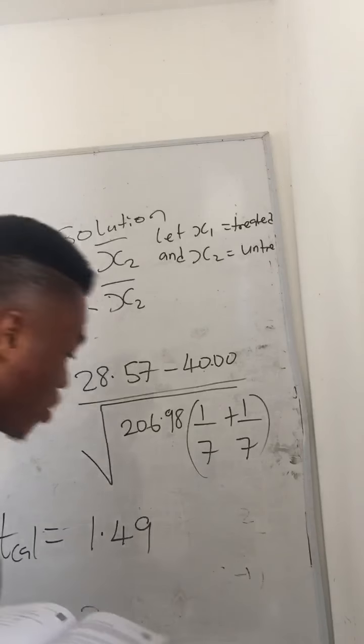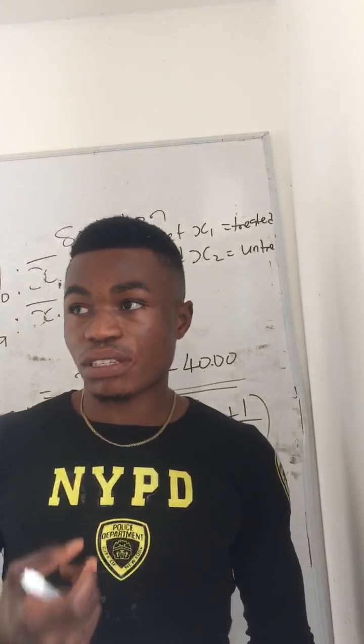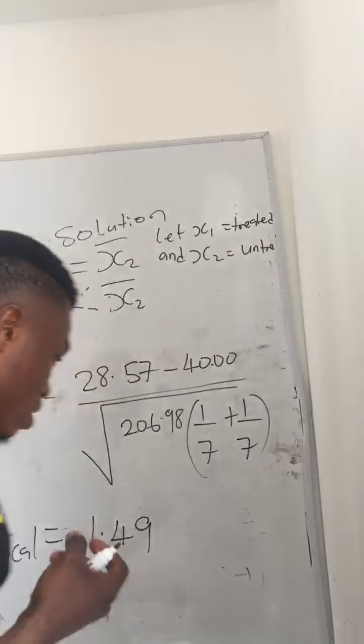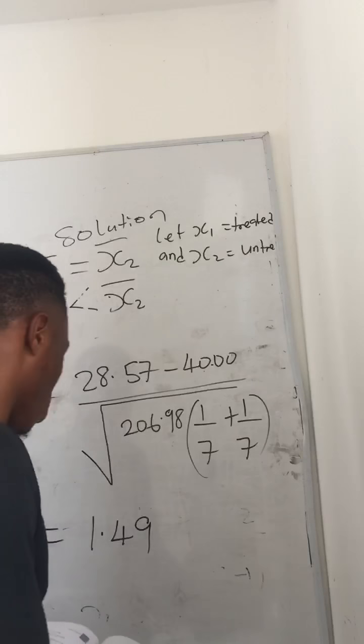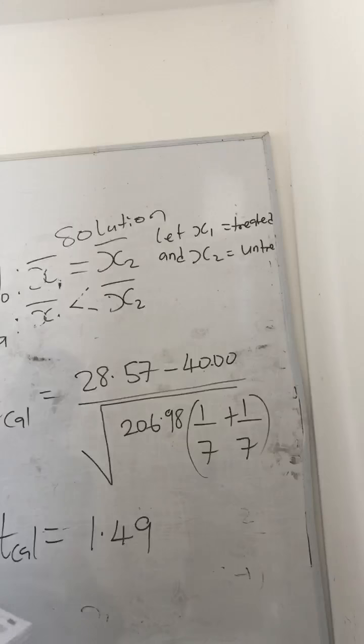When I say level of confidence, what I mean is at what percentage of confidence are you computing your work? How confident are you that when you compare this T calculated with the T critical, whatever answer you get is a true answer?